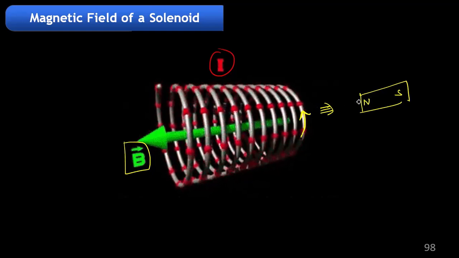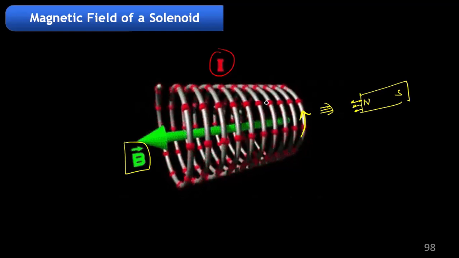Why north pole? Because the magnetic field lines are coming out from this end. So this behaves as a permanent magnet, though it is not. But in some situations I have to analyze it, and it is easier if I replace the entire geometry by a magnet. Every time I have to use this kind of analogy.